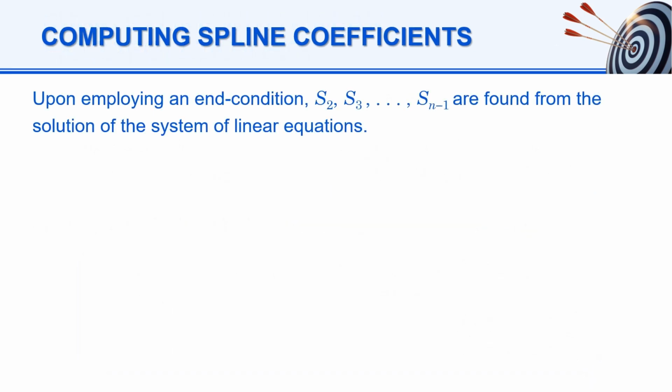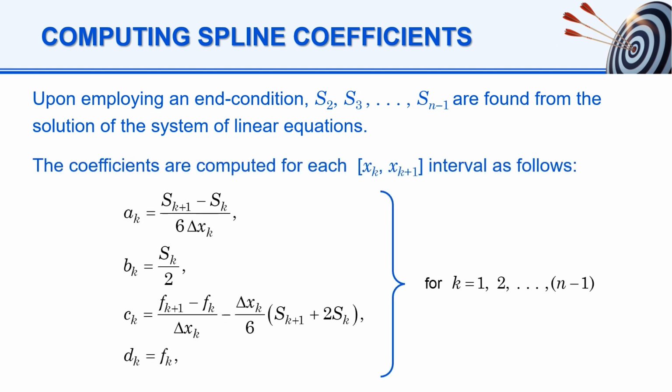Upon employing an end condition, S2 through Sn-1 are found from the solution of the system of linear equations. A set of n-1 coefficients are computed for an interval from xk to xk plus 1, as follows.